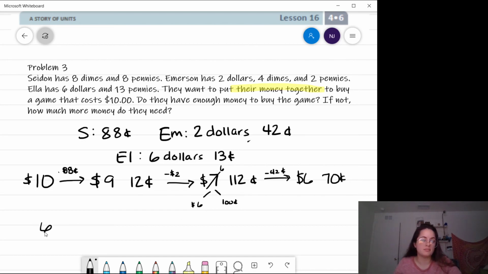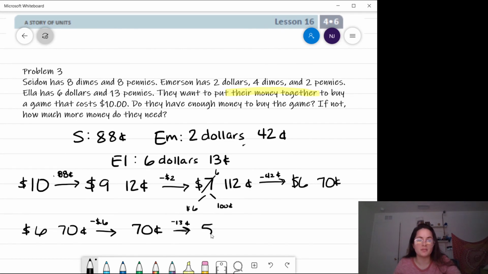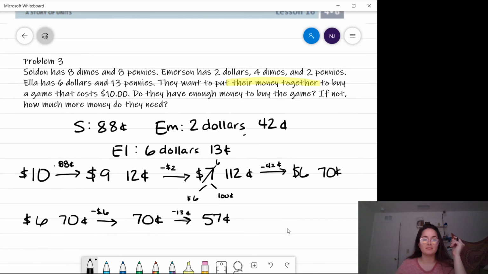So $6.70 minus $6, which would give you just 70 cents. And then we subtract the 13 cents that Ella has, and then we would get that 57 cents that we need to buy the game.